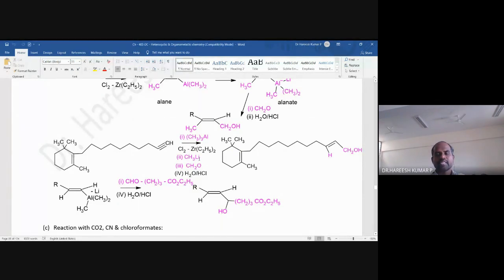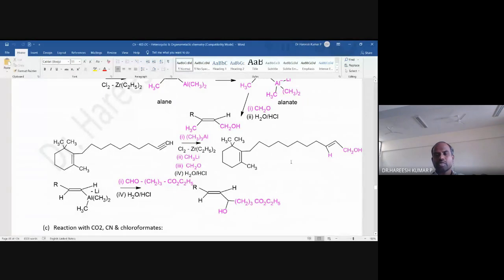Afterwards, when it is treated with methyl lithium, it converts alane into alanate. Once the alanate is formed, that alanate reacts with formaldehyde. That means there will be a new bond formation between this carbon and the carbonyl carbon of formaldehyde, and on hydrolysis it gives rise to a product like this.